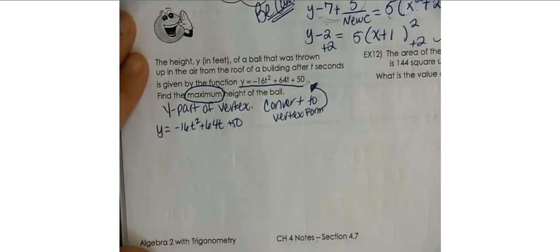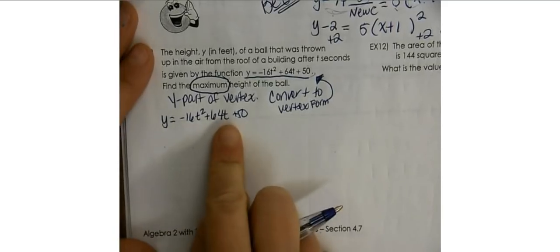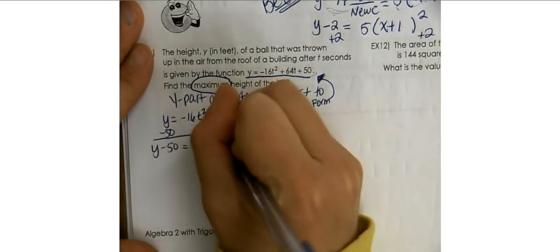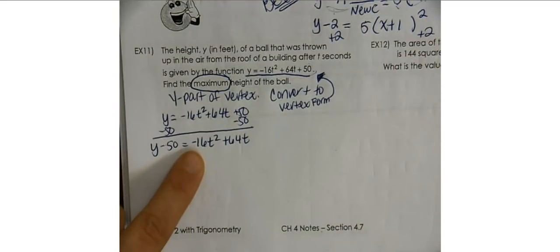And I need to get my -16t squared and 64t alone, so I'm going to subtract 50 on both sides. By doing that, I have y minus 50 is equal to -16t squared plus 64t. In this case, once again, my a value is not a positive 1.